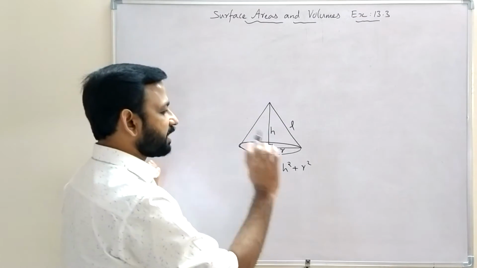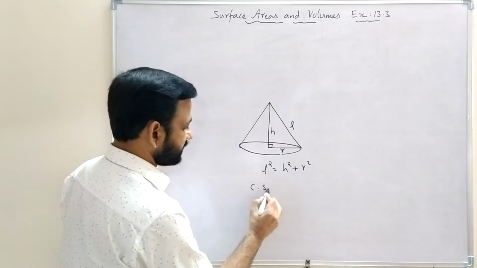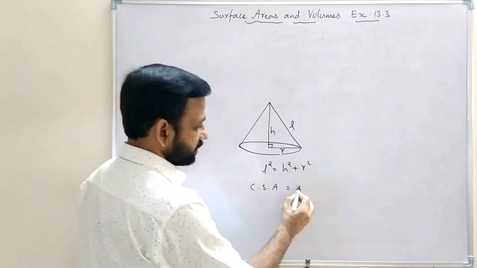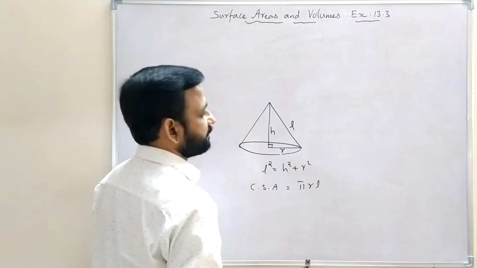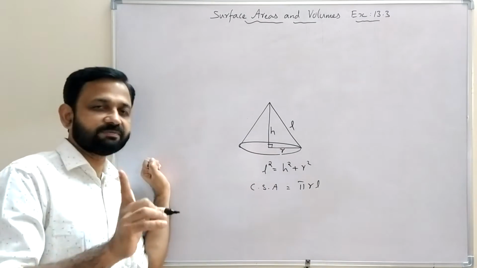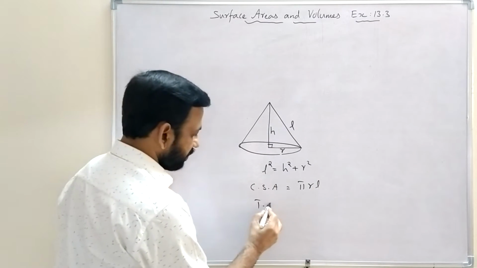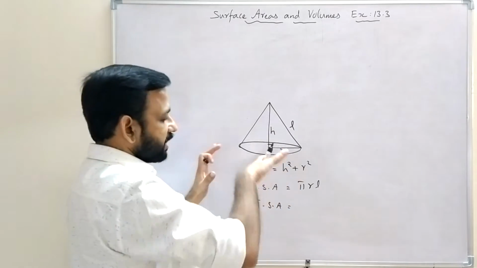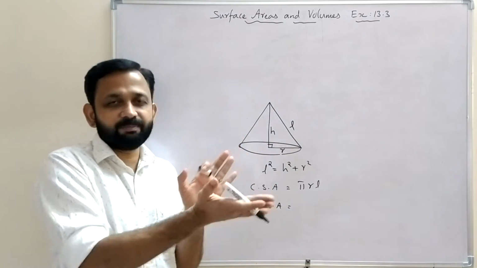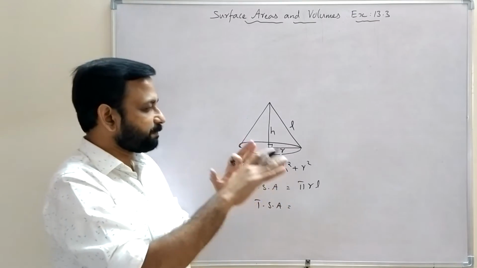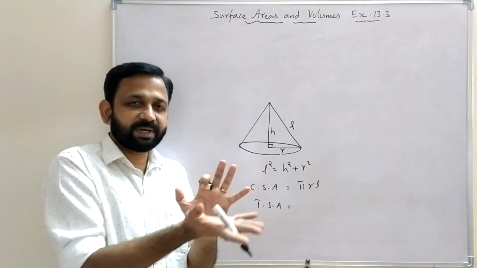Then we learned the curved surface area of cone, that is CSA. The formula is pi RL, that is curved surface area of cone. Then total surface area of cone, that is curved surface area plus area of base. So curved surface area is pi RL, area of base pi r square.